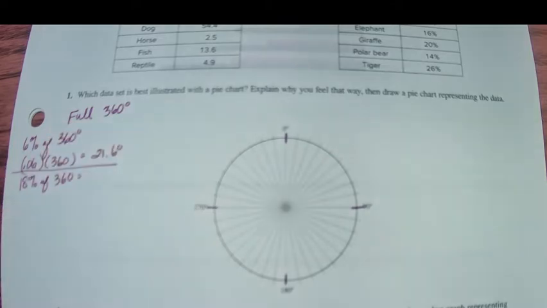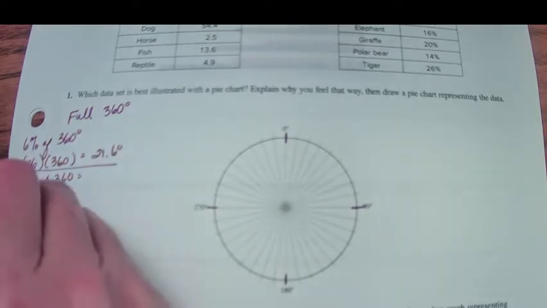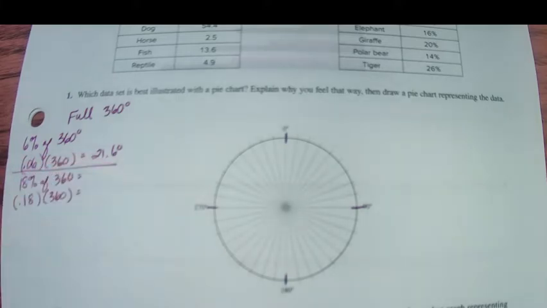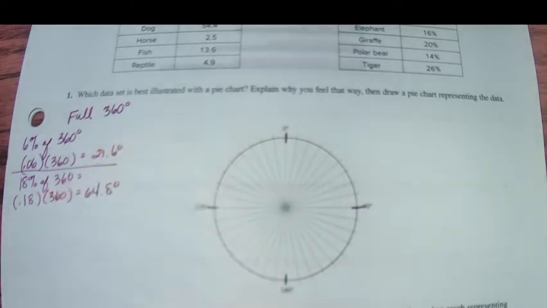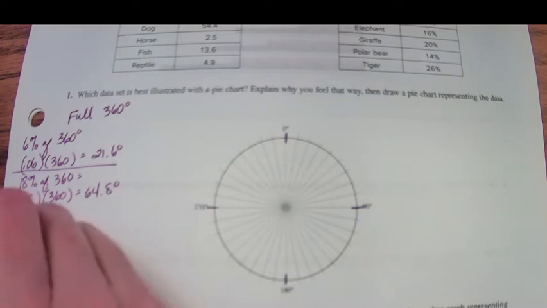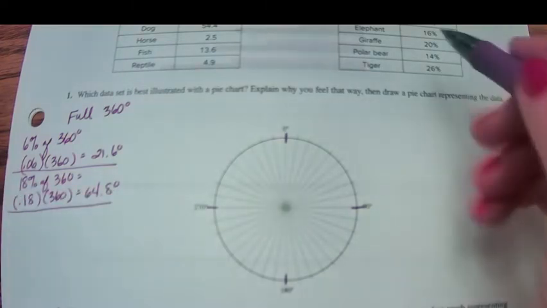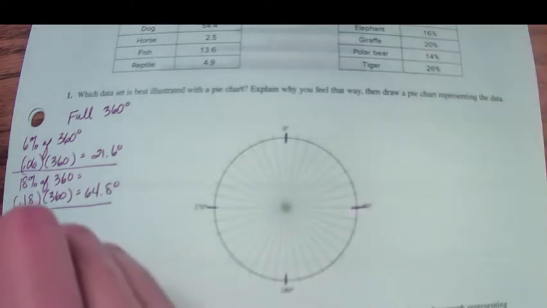18% of 360. I'm going to change the percent to a decimal. The word of means multiply. And 0.18 times 360 is 64.8 degrees. So 64.8 degrees of this pie will be our dinosaur slice of the pie. We're going to do the same for elephant.